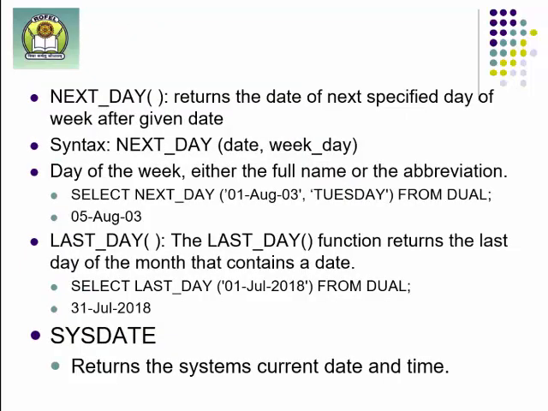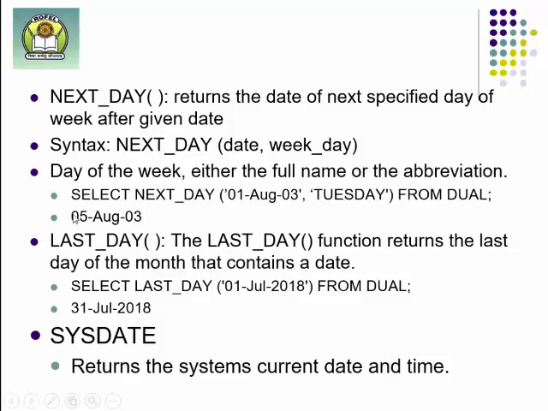NEXT_DAY will return the date of the next specified day of the week after a given date. तो ये क्या return करेगा? It will return the date which will be on the given day specified by you. The day can be either in the abbreviation form or a full name.